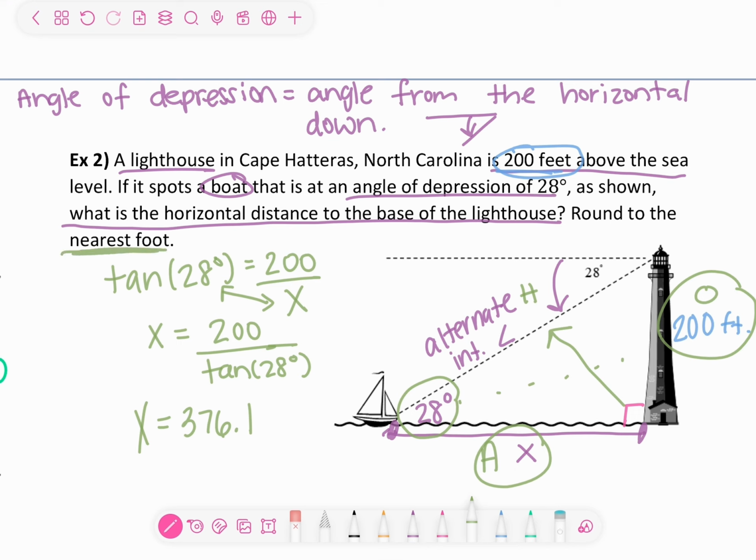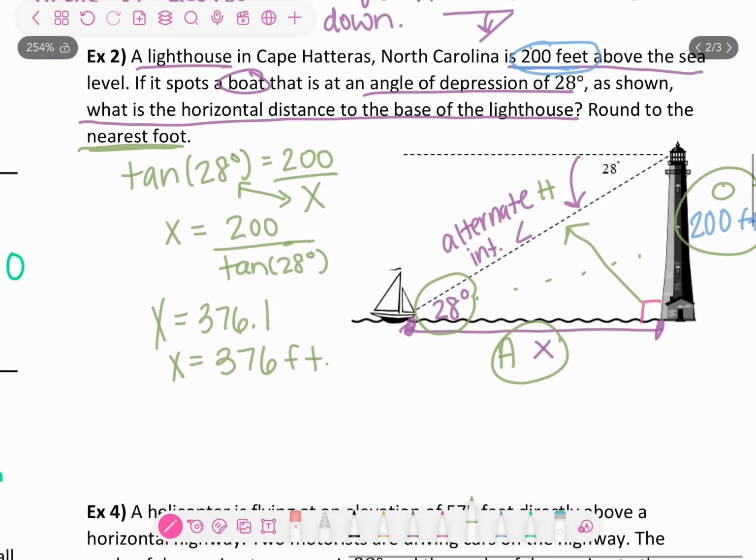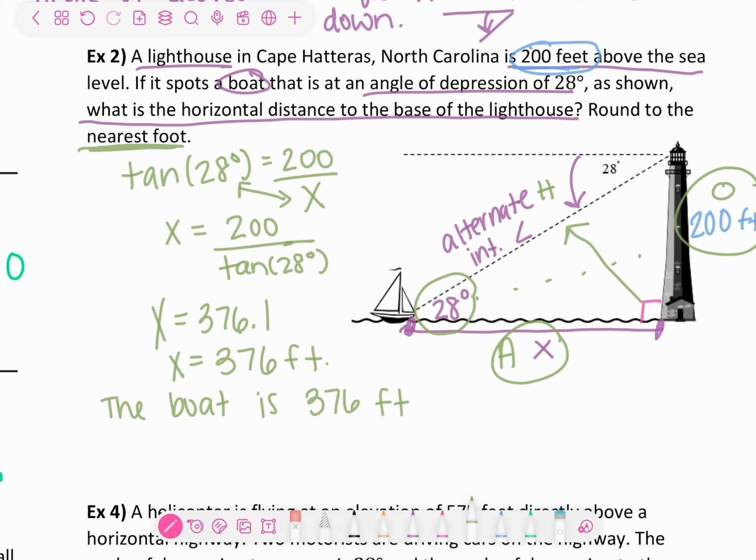So that means to the nearest whole number. So that's going to be 376 feet. Okay, so we can say the boat is 376 feet from the lighthouse.